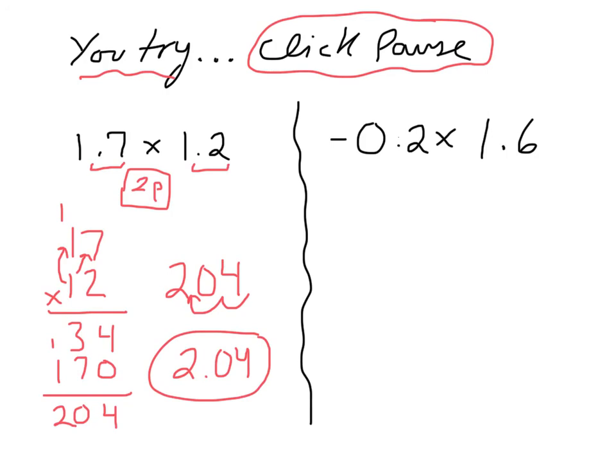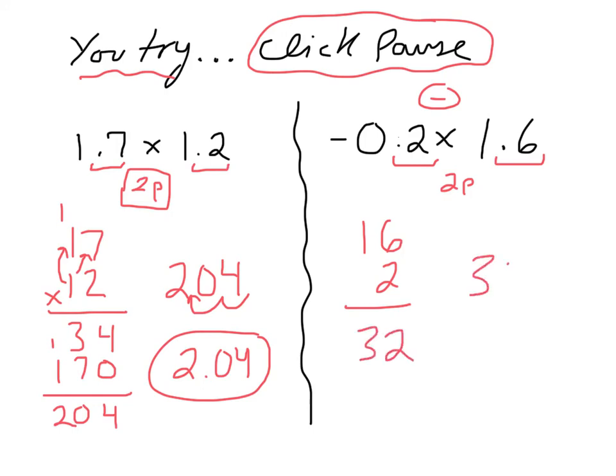The next problem is a negative times a positive. So my answer is going to be negative. I'm going to add that back in later. And I have 2 places to account for. So in the end, I'm going to move the decimal over 2 places. So it's 16 times 2. 2 times 16 is 32.